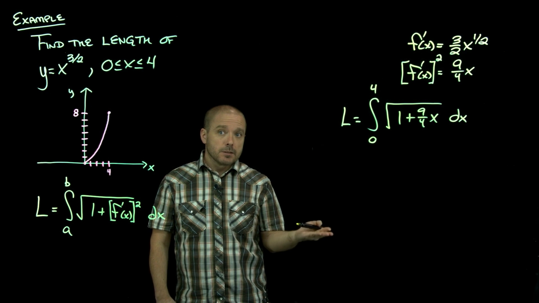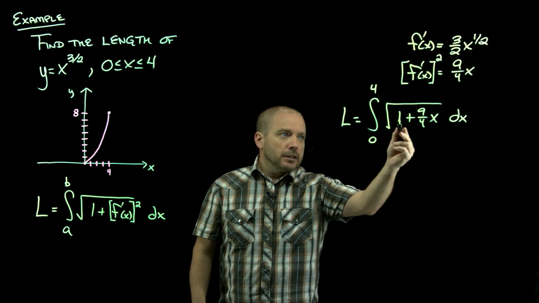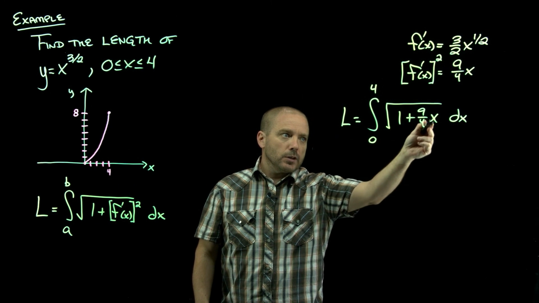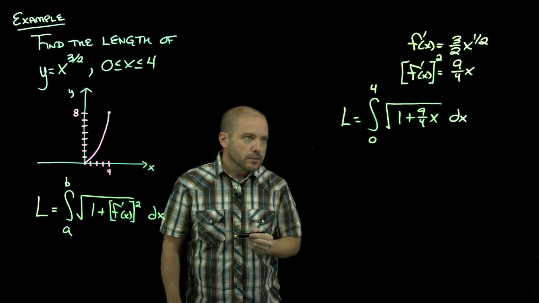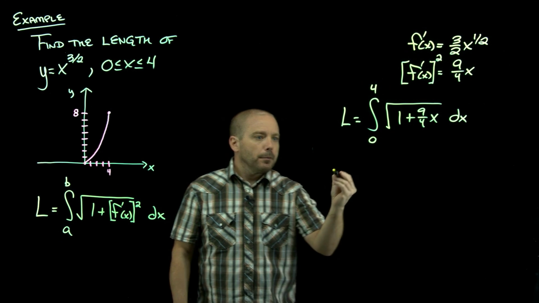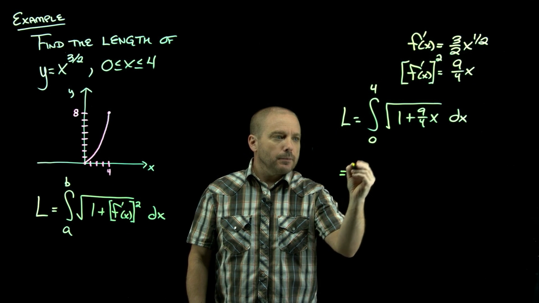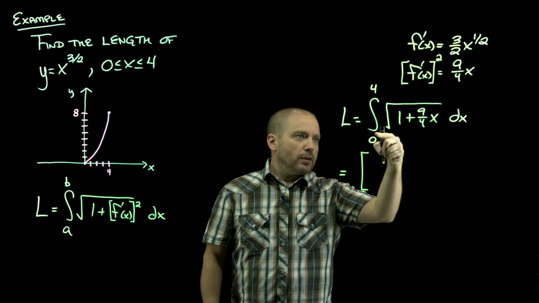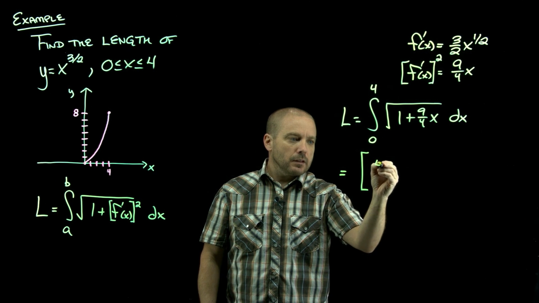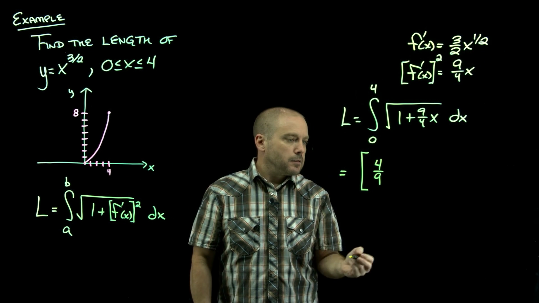Now, previously I had talked about linear u subs. This is a linear expression, so to do a u substitution, all I'd have to do is remember to divide by that 9/4. So let's take advantage of that shortcut. If I divide by 9/4, that's like multiplying by 4/9.